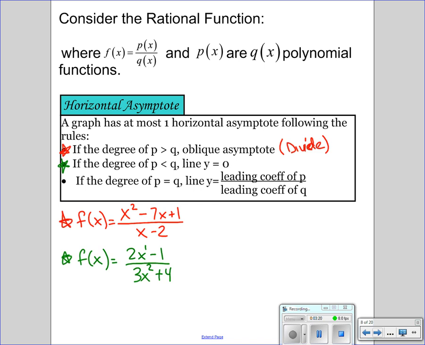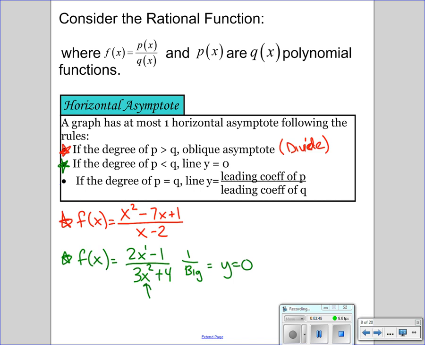So what's getting bigger faster? The x squared is going to be bigger faster than the top, meaning the bottom is going to be bigger when x gets really, really big or really, really small. What's 1 over a really big number? That's a small number, so the asymptote is y equals 0.